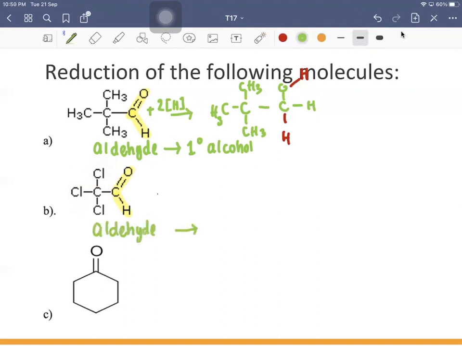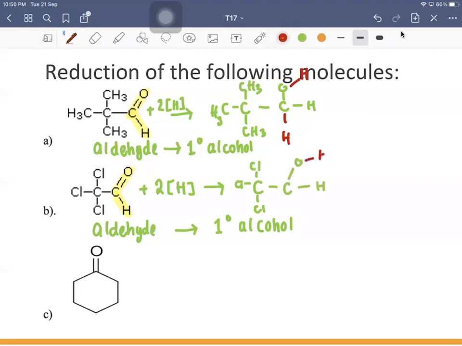Again, it will be reduced to primary alcohol plus reducing agent to produce, keep everything the same. Okay, and this is the original part of the molecule, but because the reducing agent has supplied the hydrogen, you've got the hydrogen atoms being added to your molecule.